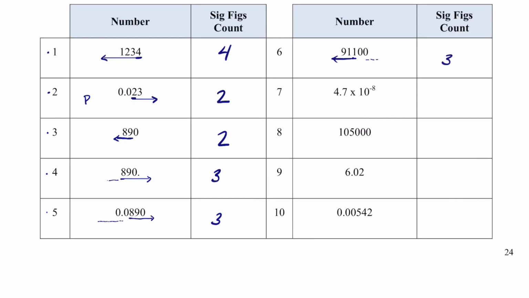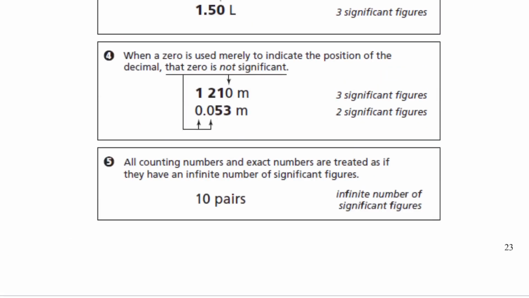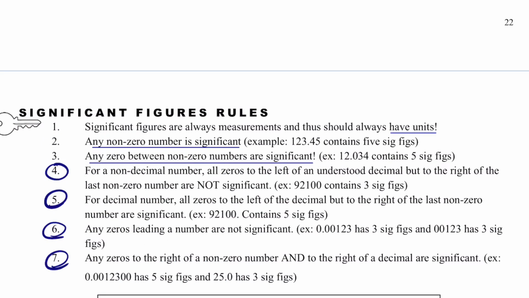On number 7, I have scientific notation. I'm just not focused on the times 10 to the minus 8. I start on the Pacific side, and my first non-zero number is 4, and 7, and so 2. If you go back to our rules, any non-zero number is significant.